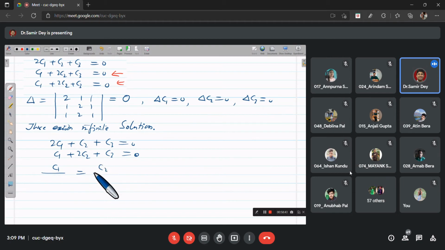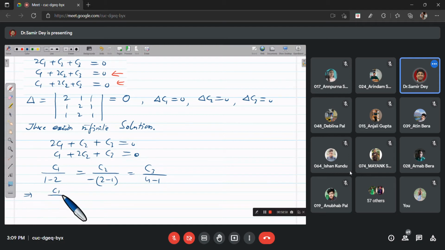C1 by, C2 by, C3 by, you write down. C1, this into this by this, that is 1 minus 2, minus here, 2 minus 1, C3, 4 minus 1.